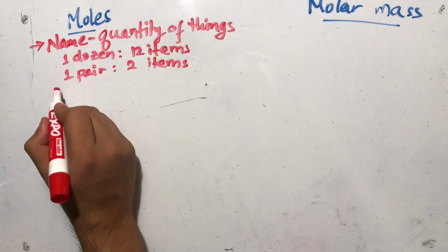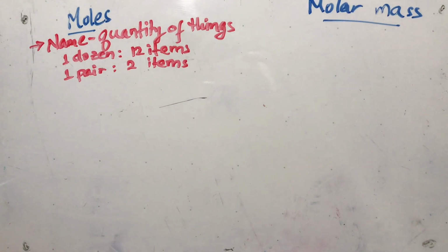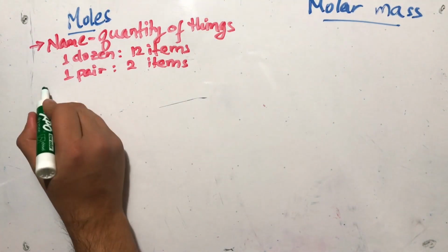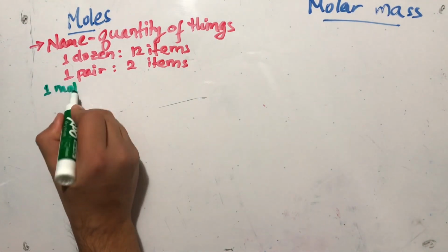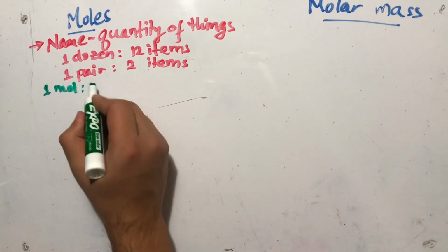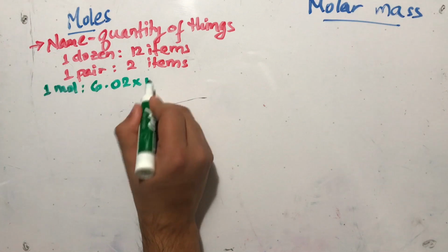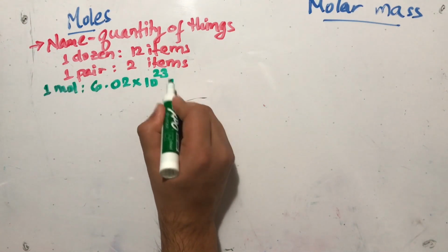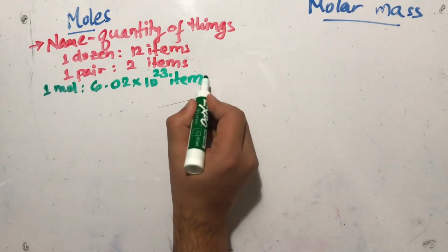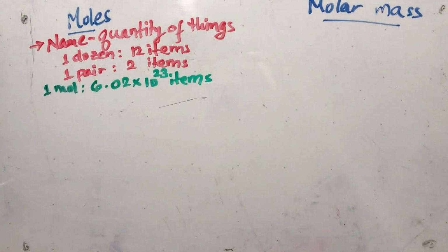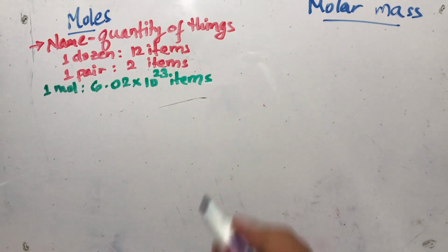And if I say 1 mole, that basically means 6.02 times 10 to the power 23 items.